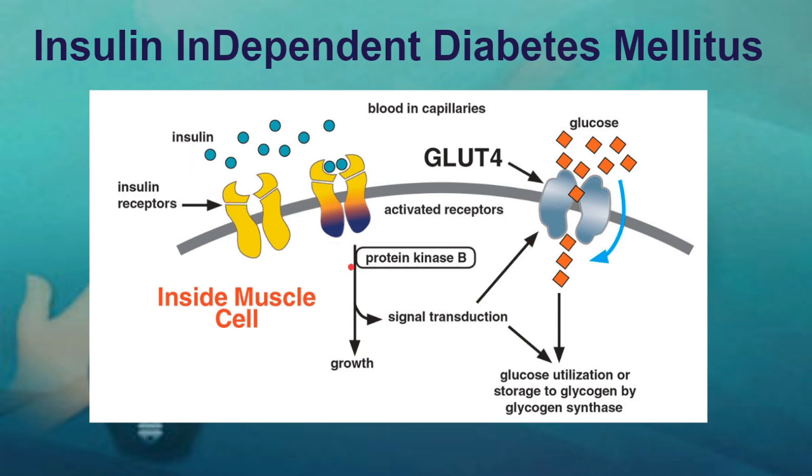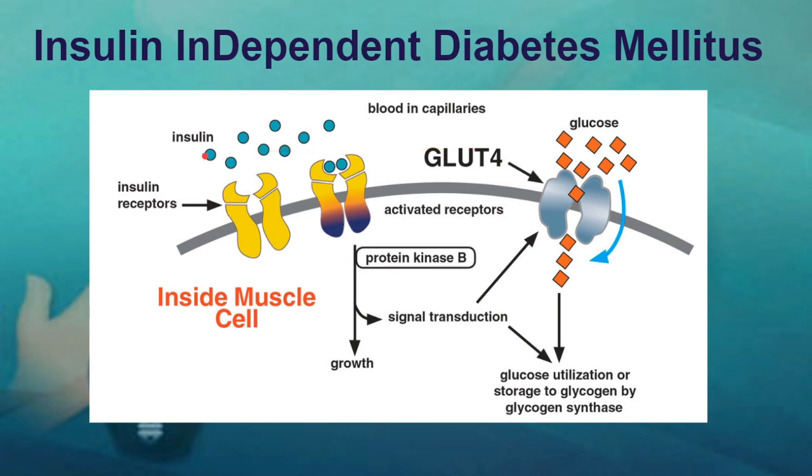There won't be any activation of protein kinase B, and because of this the signal transduction doesn't occur, and the GLUT4 doesn't become activated and remains closed, so the glucose can't enter inside the muscle. This glucose will stay in the blood itself, which will cause an increment in the blood sugar level, and so type 2 diabetes mellitus occurs.